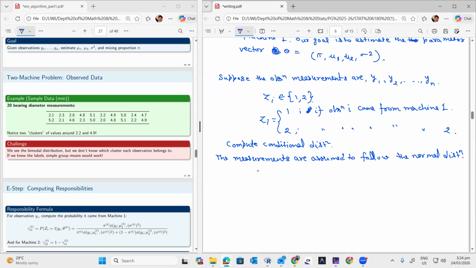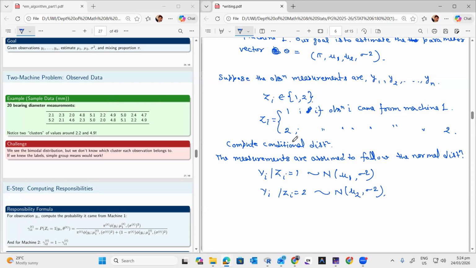So yi given zi equals 1 follows the normal distribution with mean mu1 and variance sigma square, and yi given zi equals 2 follows the normal distribution with mean mu2 and variance sigma square.